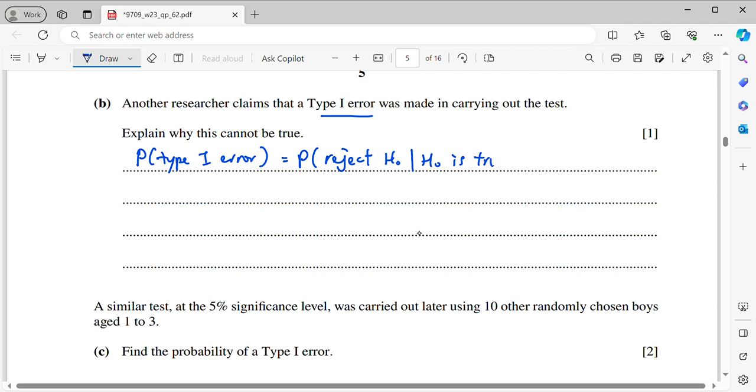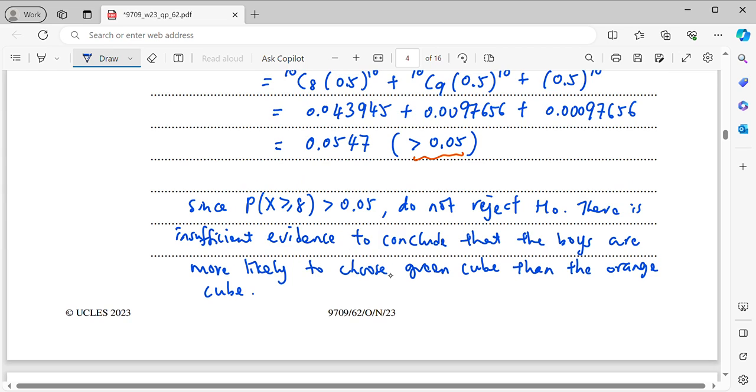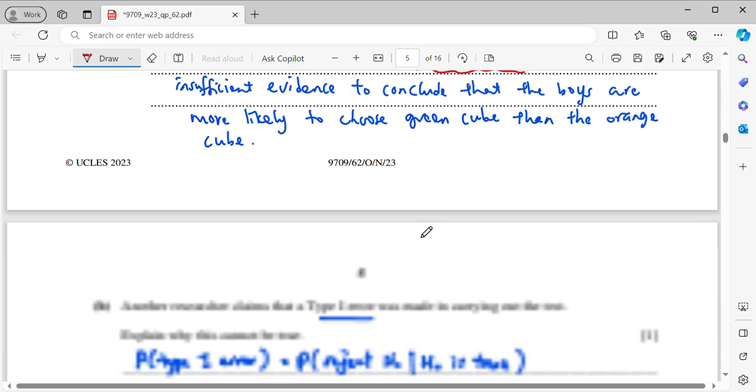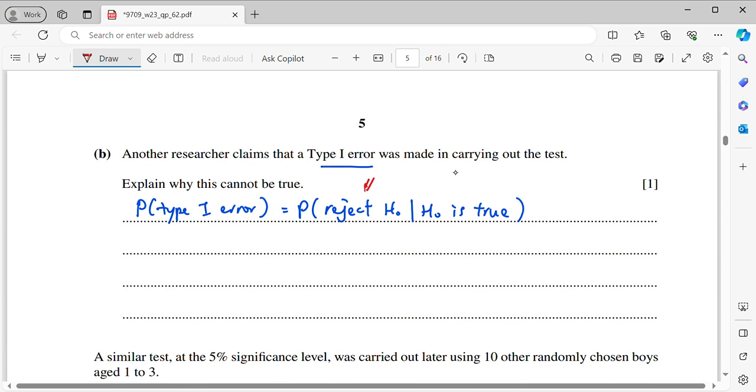That is the definition of type 1 error. So from here, we know that our conclusion is do not reject H0. When we do not reject H0, we are not able to calculate the probability of type 1 error because type 1 error means we have to reject H0.